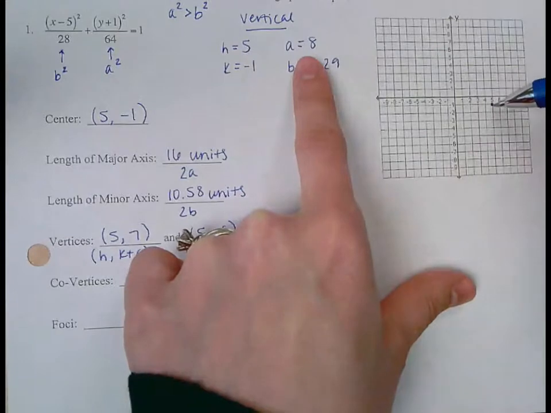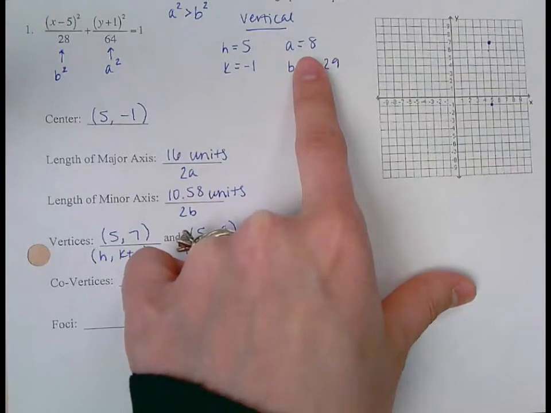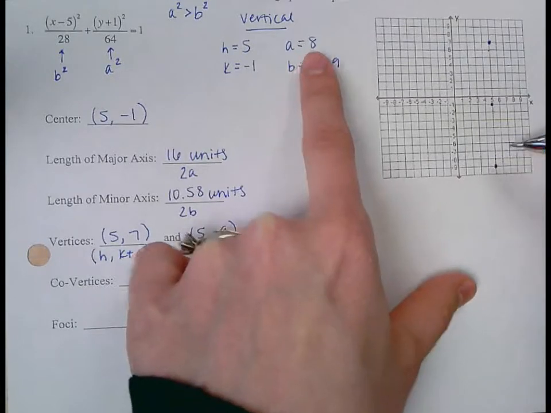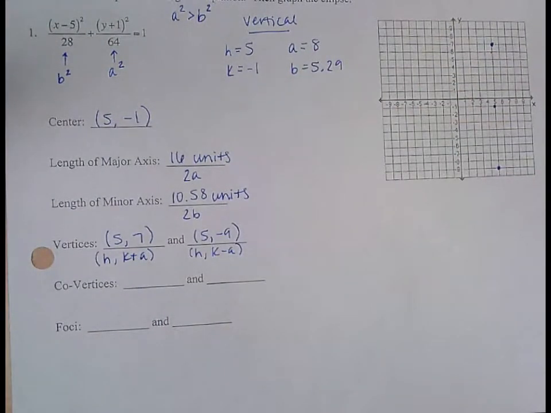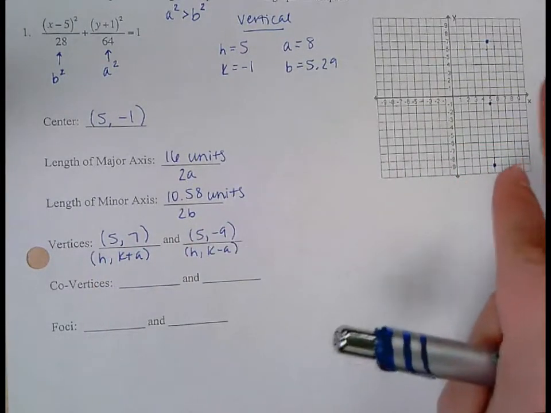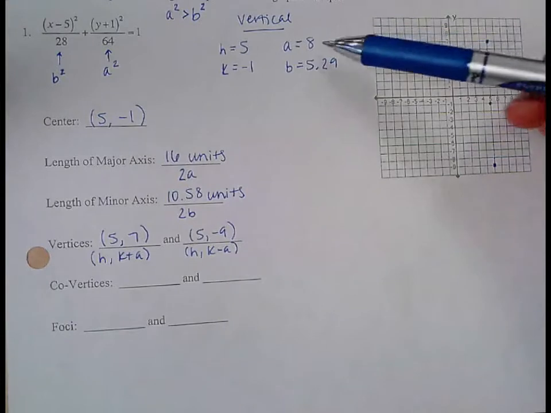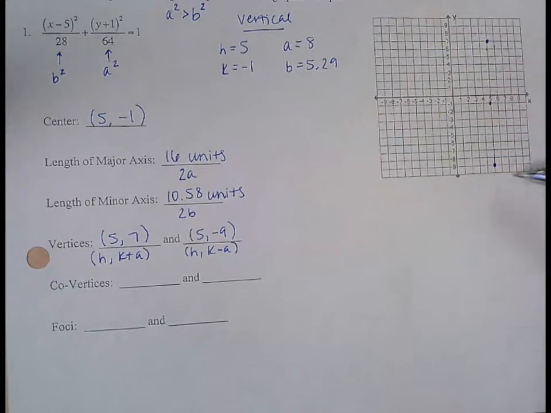If I go up 8, I would be at 5, 7. And if I go down 8 from the center, I am at 5, negative 9. Okay, so you can either find them first, then plot them, or plot them and then write them down, or have some sort of combination, whatever you'd like to do. But I'm just trying to make that connection that A is that distance from the center to a vertex.